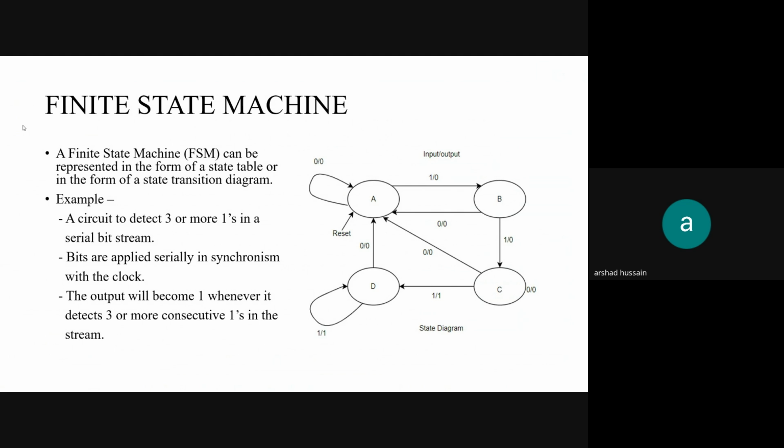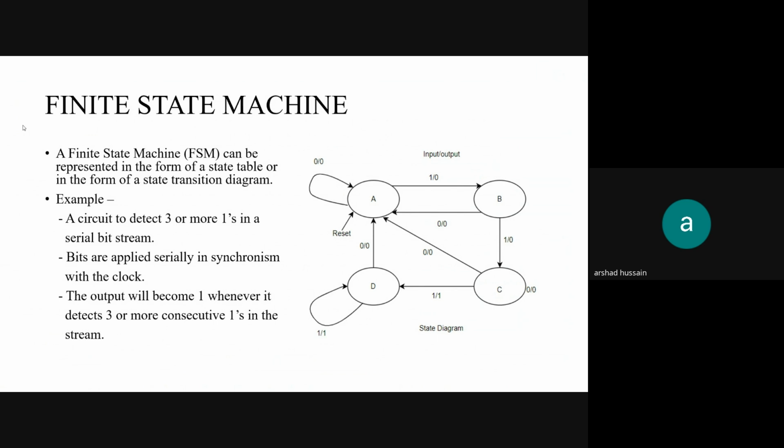A finite state machine, or FSM in short, can be specified or represented in the form of a state table or in the form of a state transition diagram. Here we can see a state transition diagram. In this example, a circuit detects three or more ones in a serial bit stream.